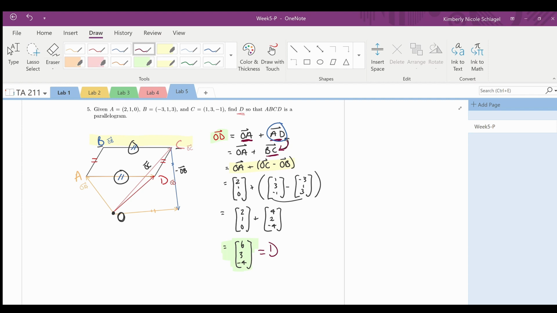So quick recap. We draw our parallelogram, we have our points A, B, and C. We need to find D, so in other words, we need to find our OD, origin to our point D. So we write out right away that if we want to find D, using the tip to tail method, then we have to go OA to AD. Problem is that we don't have AD because we don't have D. So we know because it's a parallelogram, these two sides are equal to each other.